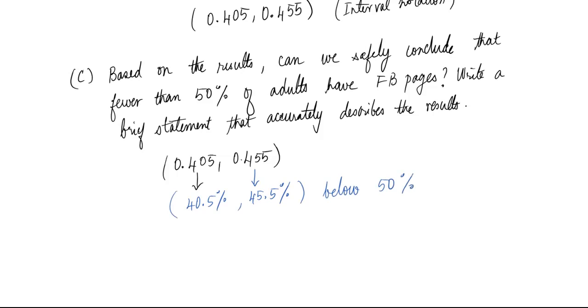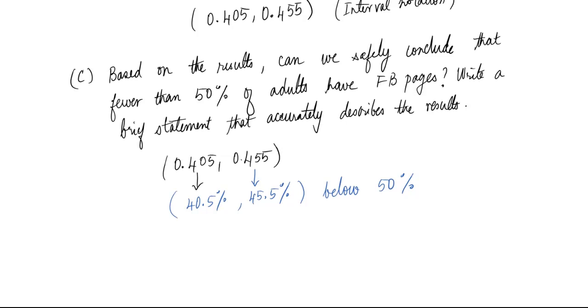So because it's completely below 50%, you can say that the interval does appear that fewer than 50% of adults have a Facebook page. So we can safely conclude that fewer than 50% of adults have FB pages. And for that, this will be your reasoning that your confidence interval itself has the interval values below 50%.